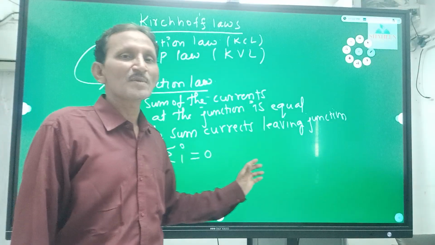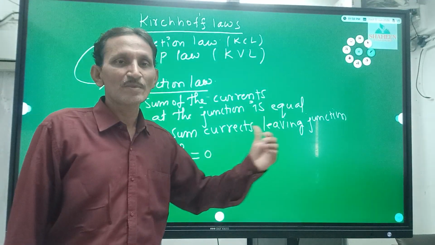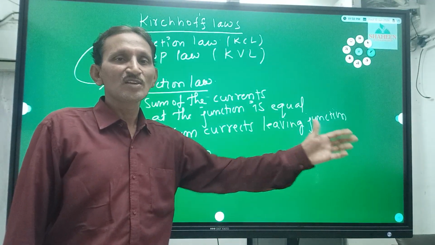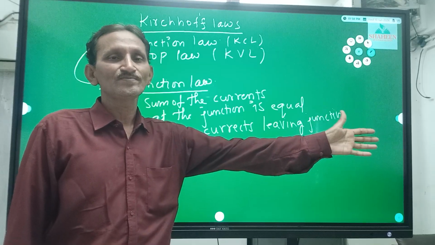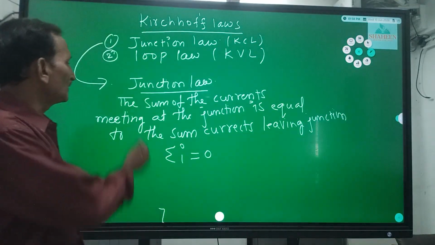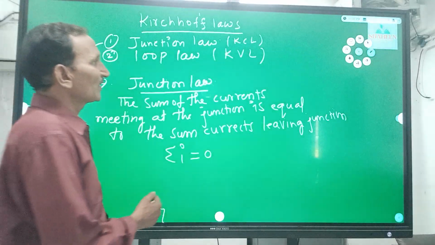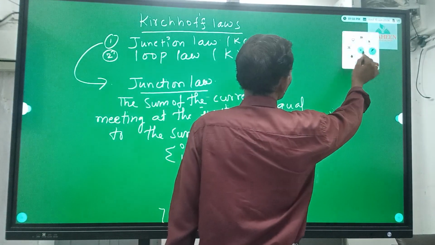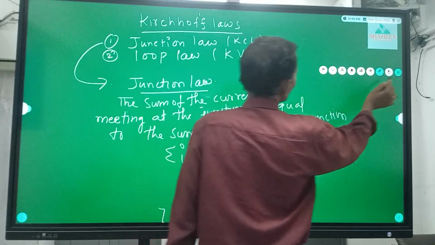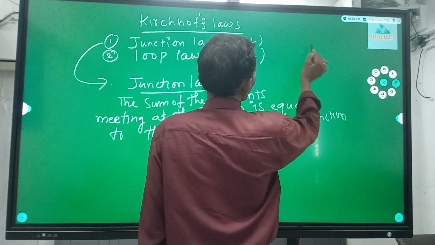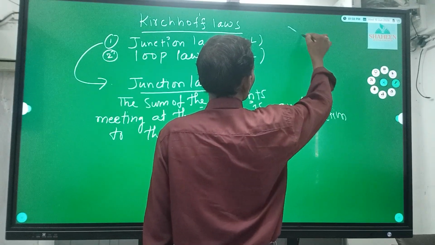The currents coming into the junction are equal to the currents leaving the junction. Observe here: one junction is there and currents are coming in.